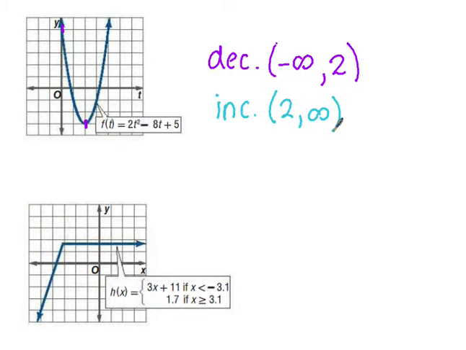Okay. So are we so far so good? Okay, what do I start doing on the bottom graph? Increasing. At what point do I cease to increase? About negative 3 point something.